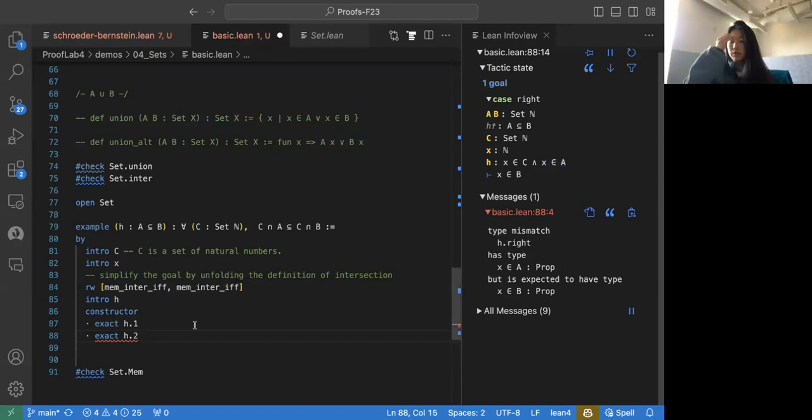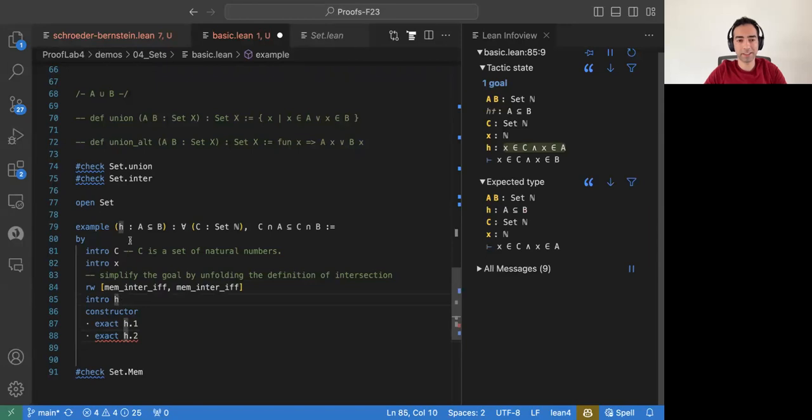Wait, so H used to be the statement that A was a subset of B, and then we made H a different statement. Great point. I think it was bad practice from me. I should have named this something else, right? Because that overlaps with our original H. And now once we did this, you can see that our original H got the name H dagger.